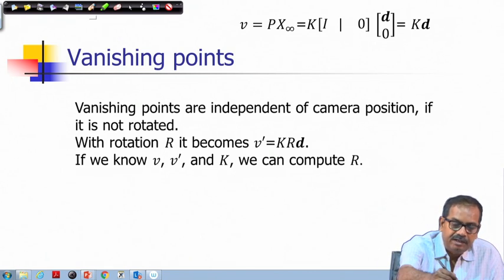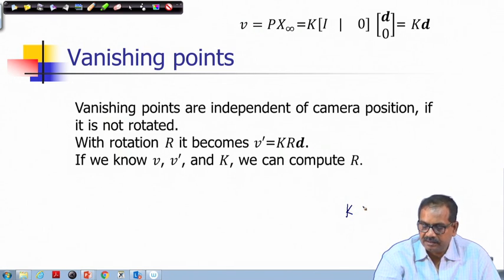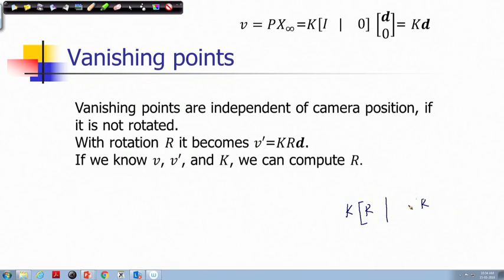If I rotate the camera center, your projection matrix can be written as K R, and then minus R C tilde, that is the effect of moving the camera center to position C tilde.